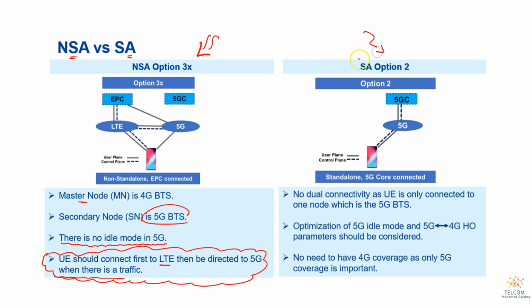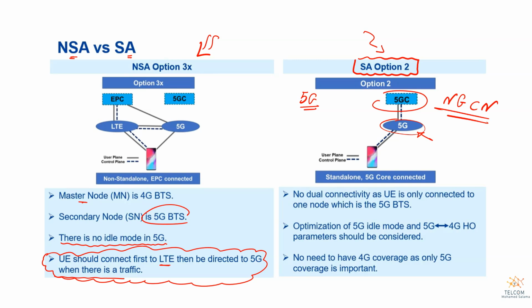Okay. So what is this? This is standalone option 2. What's standalone? Standalone means a pure 5G. There is no 4G. So we have a 5G core, the next generation core network, and we have a 5G base station, the only node in the air interface.